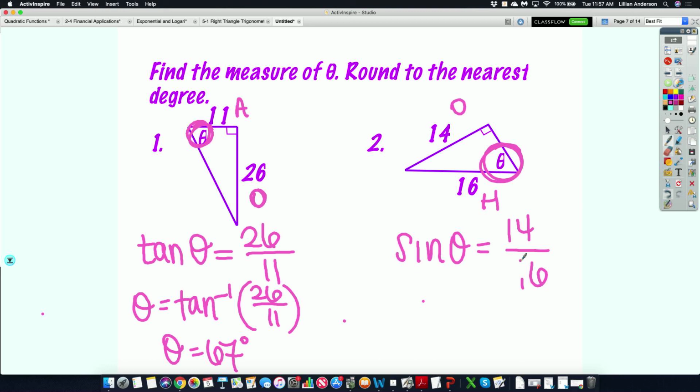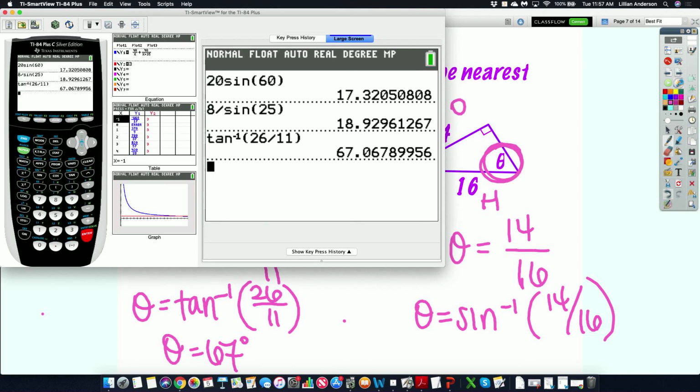And because I'm looking for an angle, I use the inverse. So theta equals the sine inverse of 14 divided by 16. When you type that into your calculator, second sine, 14 over 16, and you got 61? 61.